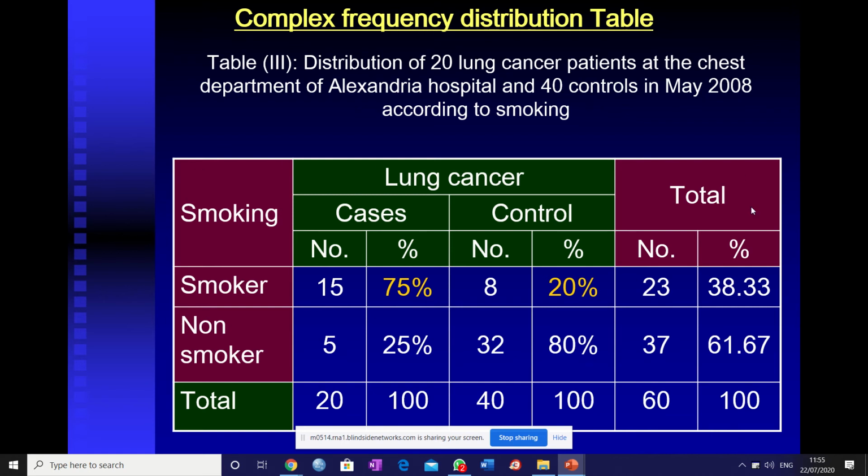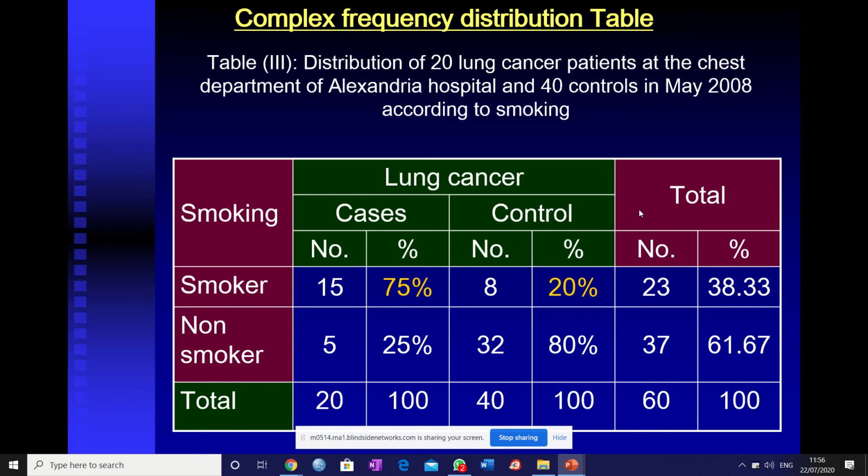Now this is a frequency distribution table, okay? This table is called a frequency distribution table. Why? You can see different frequencies. Here, in fact, these are frequencies, this is also frequencies, and this is also frequencies.